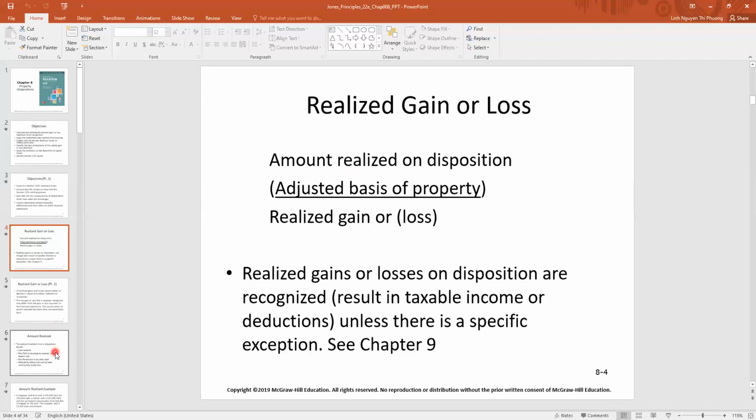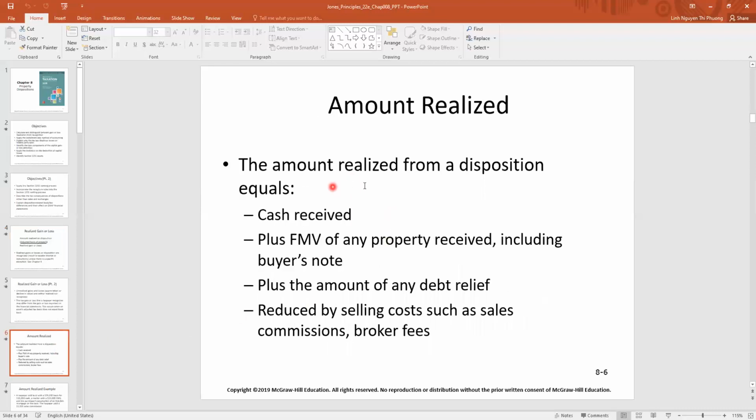Or in other words, the amount realized will equal the cash that we receive when we sell the property. If we exchange the property, the amount realized will be equal to the fair market value of the property that we receive.